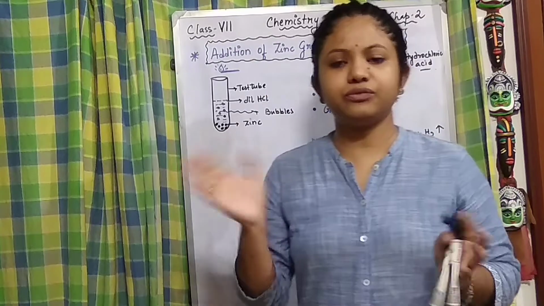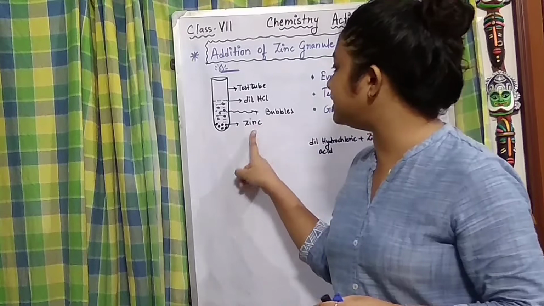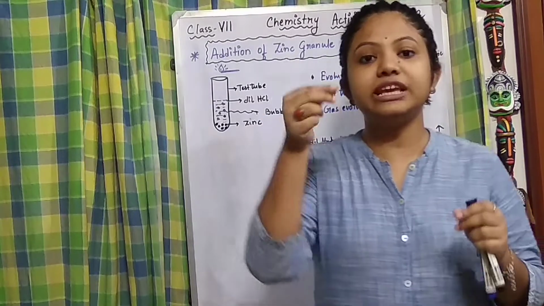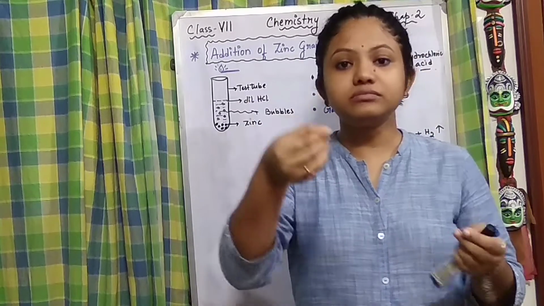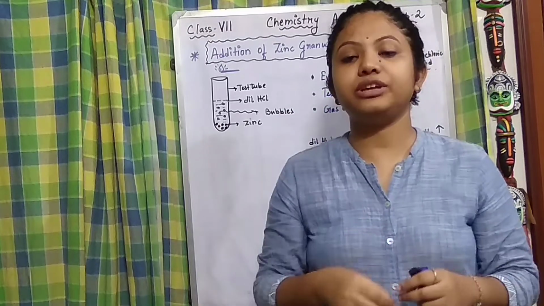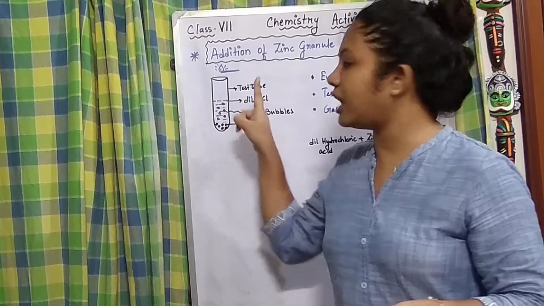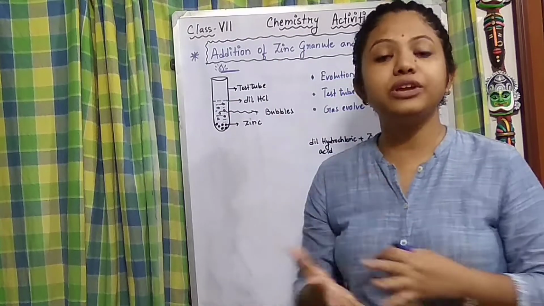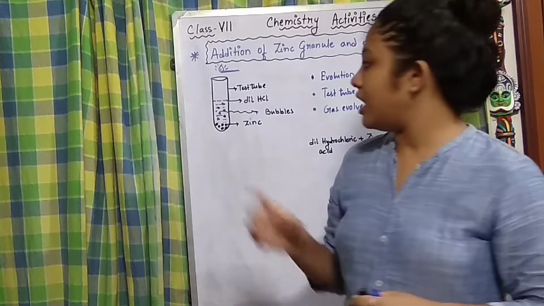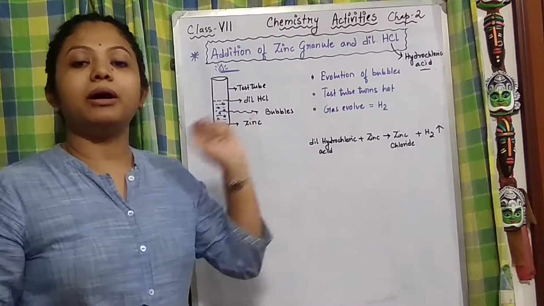After we are done with pouring the dilute hydrochloric acid, we are adding some zinc granules. Zinc granules are metals, chemicals rather, we should say. These are poured inside the dilute hydrochloric acid. Now, what are we going to see? We are going to see the evolution of bubbles.